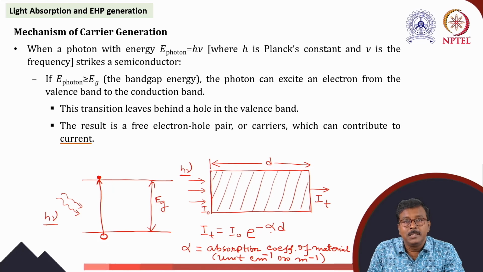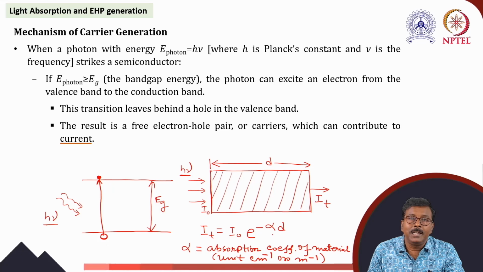Now how is this related to the material parameter alpha? We know the refractive index of a material is a very well established parameter. It is nothing but the ratio of speed of light in air and speed of light within the material.